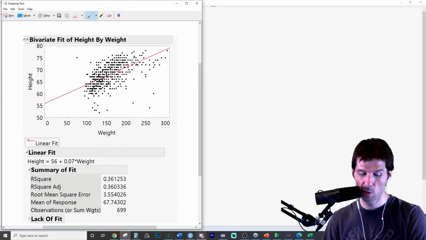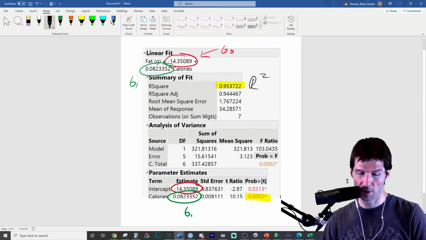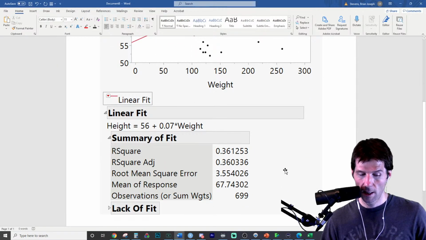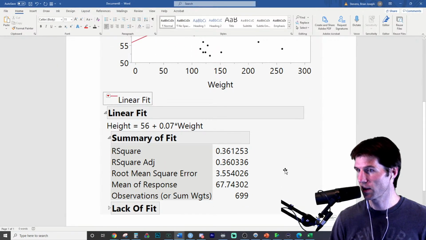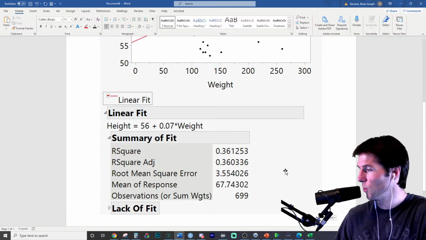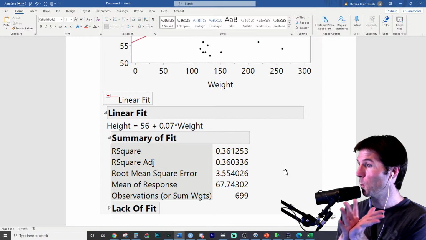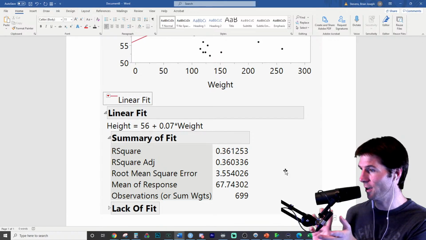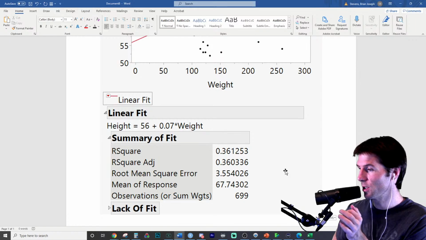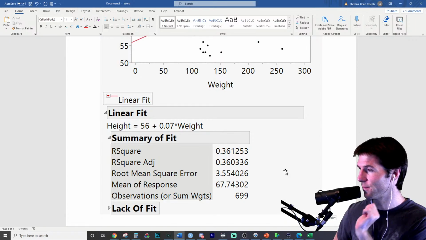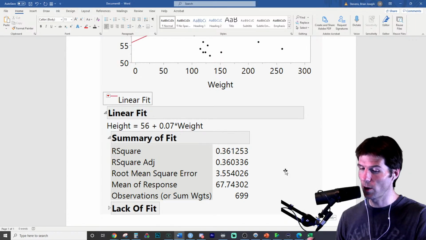First off, I want to know what the intercept is. I have it up here in the output. So just first question, what is the intercept? Don't interpret it yet, I'll interpret it for you. Remember, the intercept is B0.